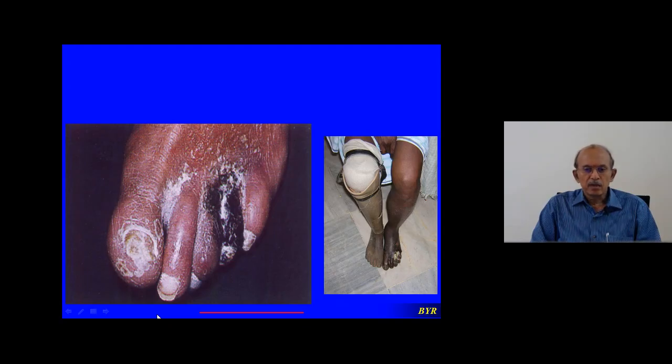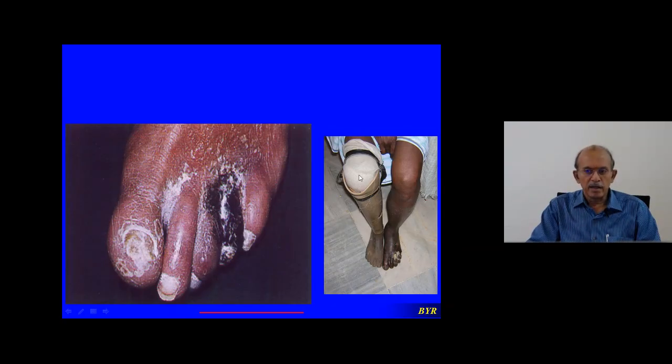You can see here, this is a patient with TAO, where the gangrene has started in the fourth toe. This is another patient with TAO, he came to me with a non-healing ulcer on the left foot.